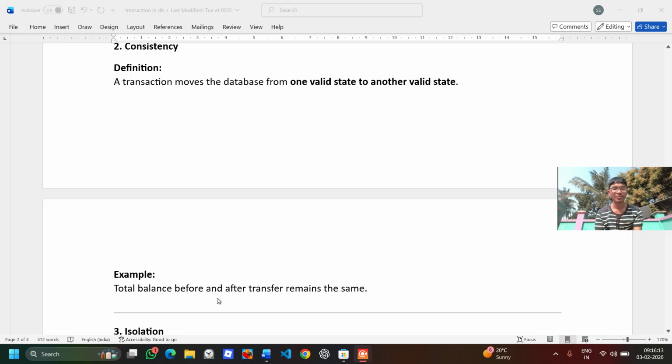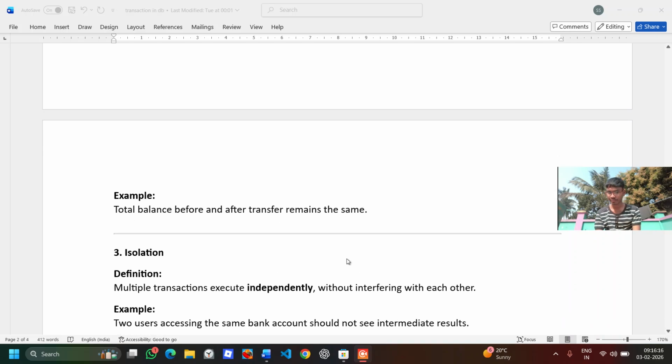The total balance before and after transfer remains the same.